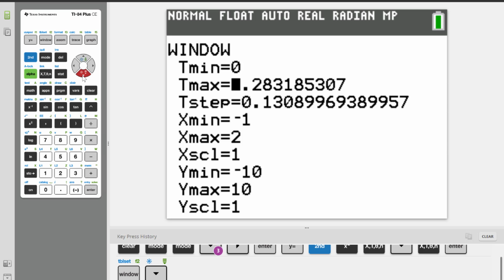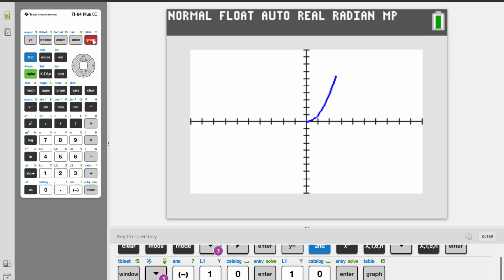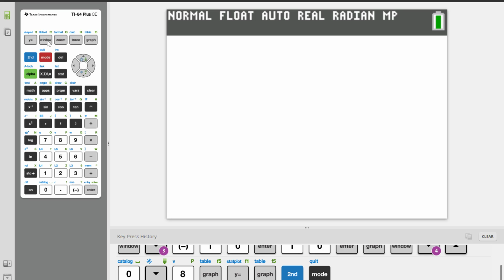And then for x min, I like to make my min -10 and my max 10, and same for the y. That's kind of my default. You can play with the windows if you want. Another very important part of parametric functions is understanding the order in which they graph.